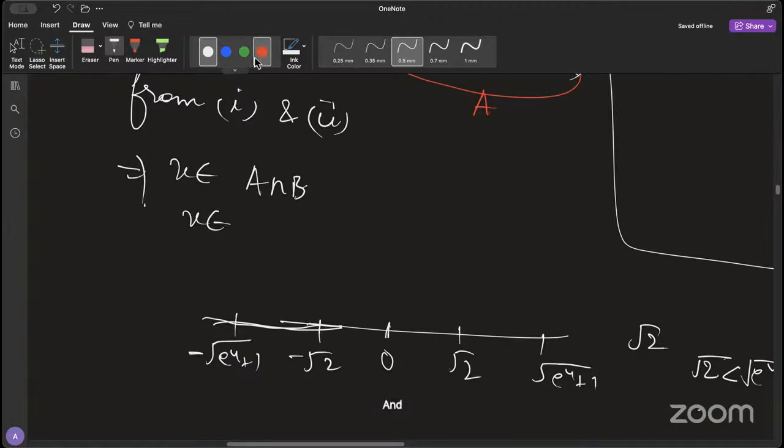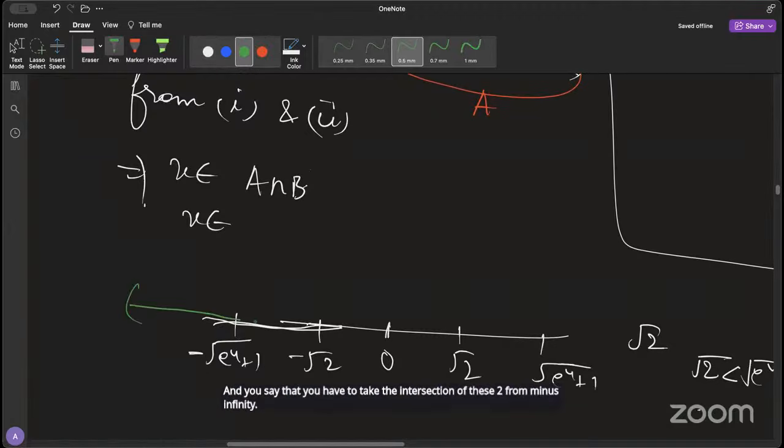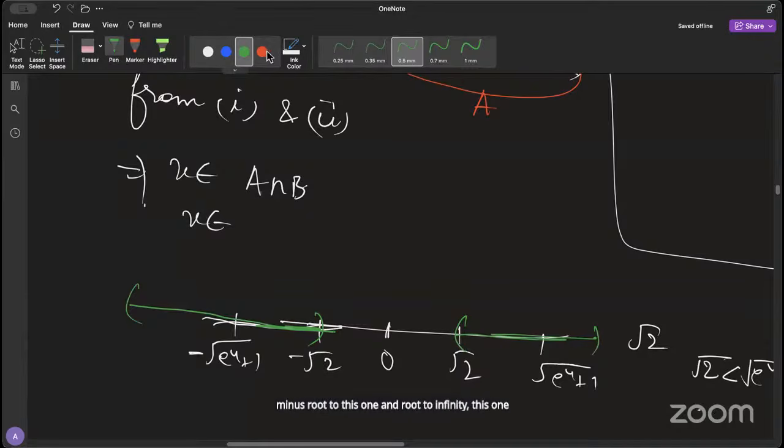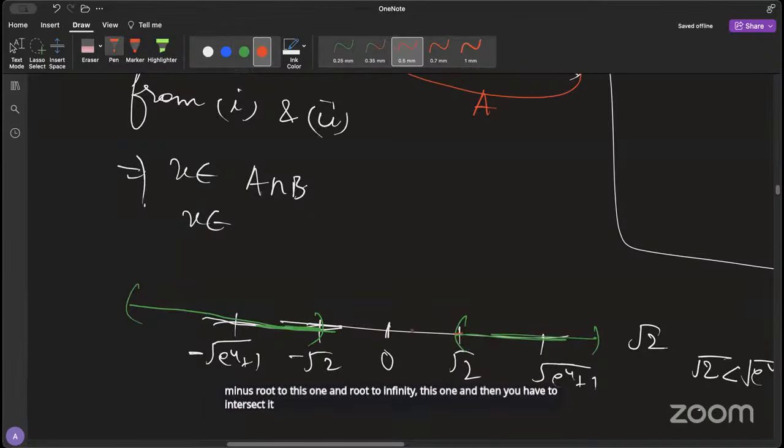And you have to take the intersection of these two: from minus infinity to minus root 2, this one, and root 2 to infinity, this one. And then you have to intersect it with this red set, which is this one.